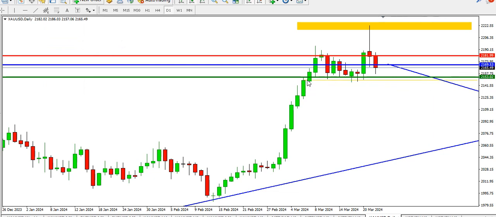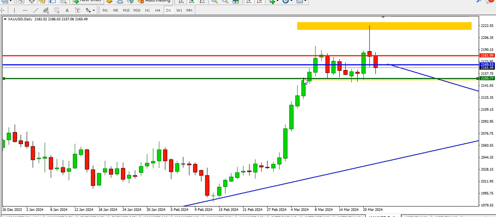So price can move within this range. We might see price drop towards the range bottom, then go to the top and then drop back to the range bottom. But for now, price is expected to move in a range.